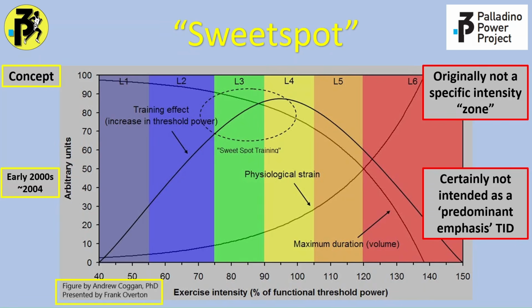The other thing, it was certainly not put out there. That concept was not developed to suggest an all-in training intensity distribution, meaning all training is done in the sweet spot.